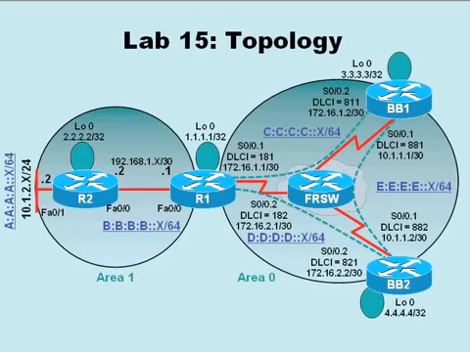In Lab 15, we're building on our configurations from Labs 13 and 14. Recall in Lab 13, we assigned IPv6 addressing to the routers in the topology. In Lab 14, we configured OSPF version 3 to be the routing protocol for our IPv6 traffic. What we're going to be doing in Lab number 15 is going in and removing IPv6 configuration for that link between routers R1 and R2.